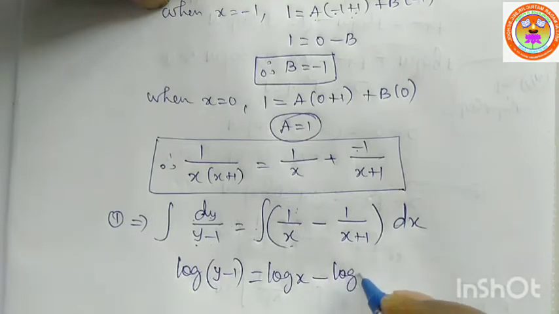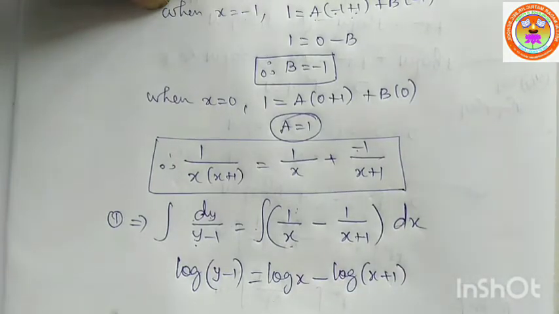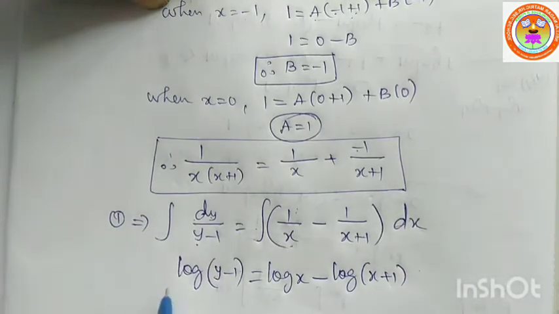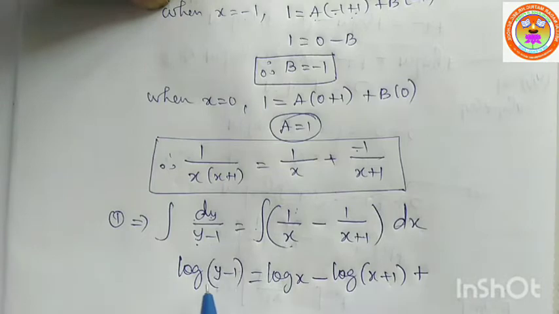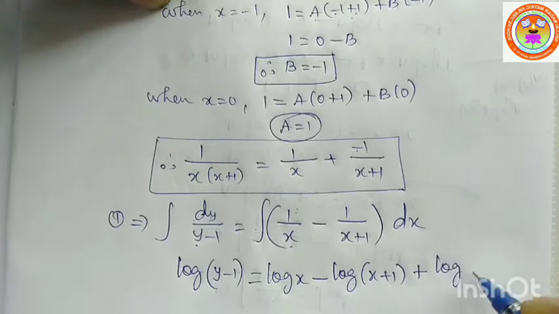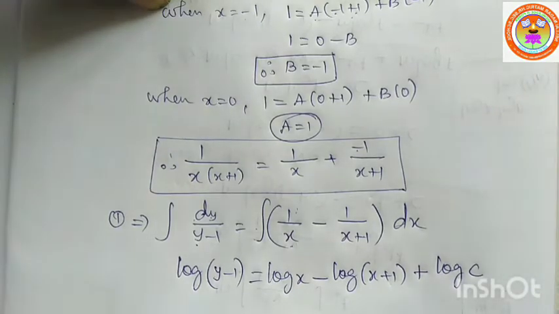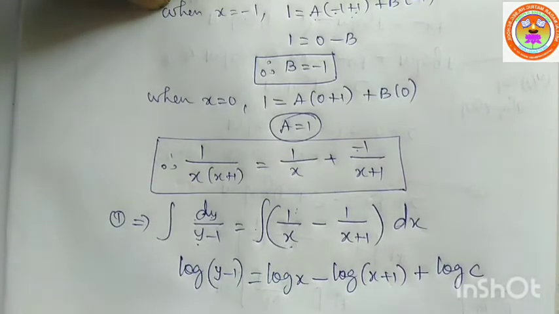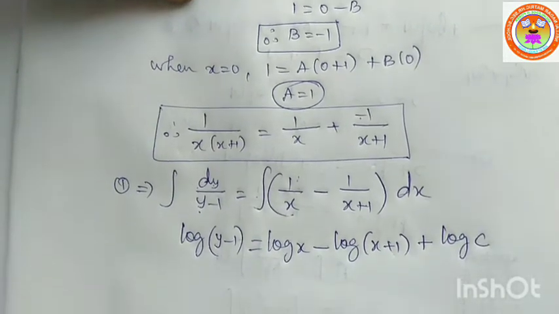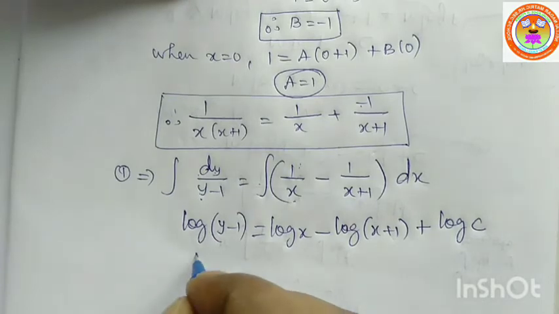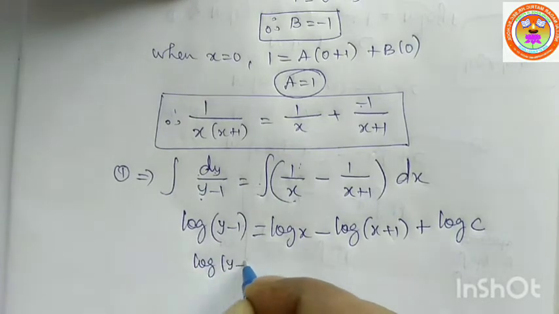So log of the denominator. After integration, we have to apply one constant c, right? But the terms are coming as logarithms, which means we can write the constant term in terms of log. So that is log c. Is it clear? Okay. Now, log of y minus 1.